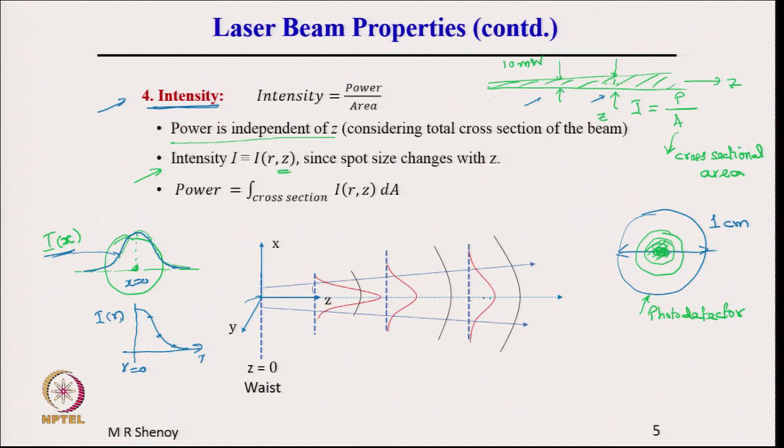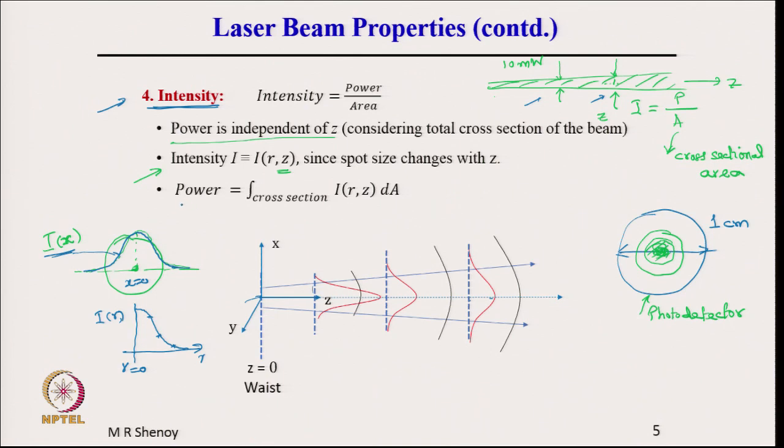The height has reduced with z. The height of the intensity profile is maximum at the waist. So, we will make a calculation and see what kind of numbers we are talking of.